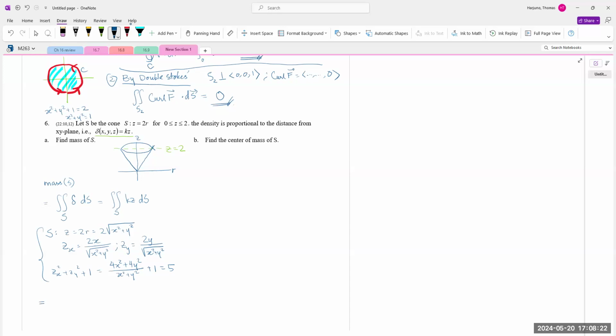so that double integral now becomes double integral over D of k. Z is given by 2r, and then the dS now becomes square root of 5 dA. Okay, this is our dS.